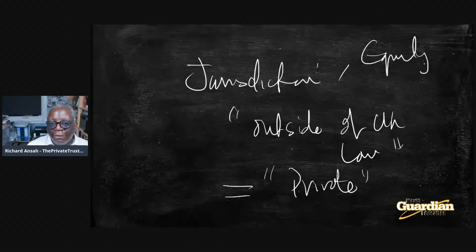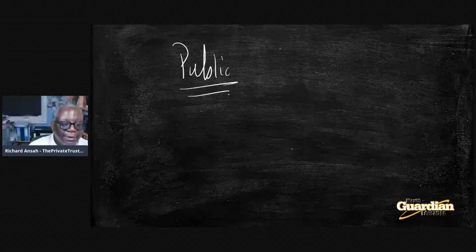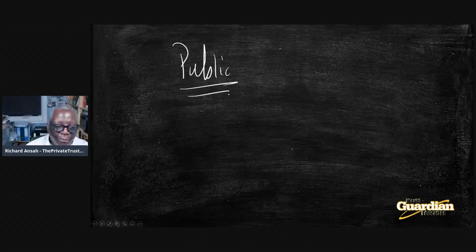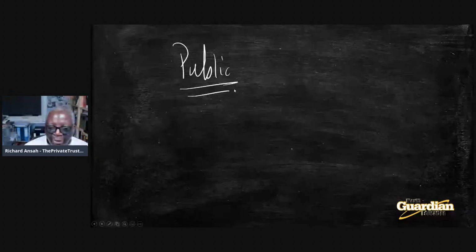Now there are some caveats to that, and that's where sometimes you need to understand where a public trust might be more useful. So let's look at a definition of a public trust, and then we can see the differences. Because I think a lot of people shy away from public trust, and they think it's wrong or it's going to do them harm. What I always say is learn the rules of the game, then you can play the game better.